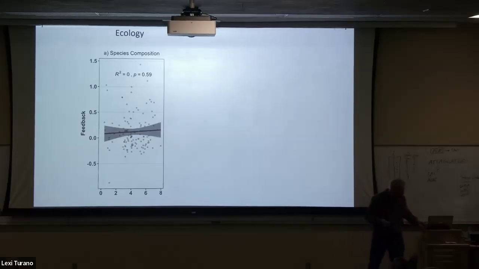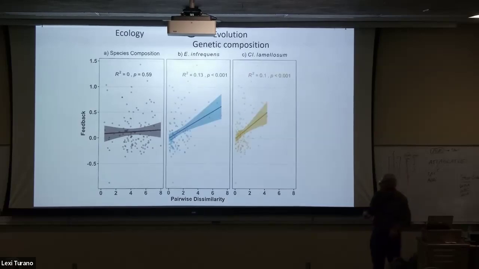But when we look at the genetic composition of two of the common species, Entrophospora frequens and Claroideoglomus lamellosum, the more different they are, the greater the positive benefits, for both of these fungi.